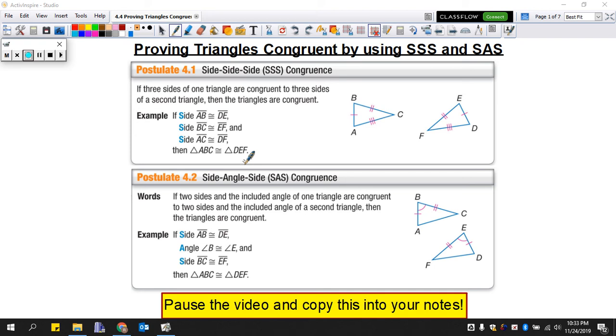So if we have this side right here congruent to this side over here, and BC is congruent to FE, and the angle B is between AB and BC, and angle E is between ED and EF, that means that these two triangles are congruent by side-angle-side. All right?